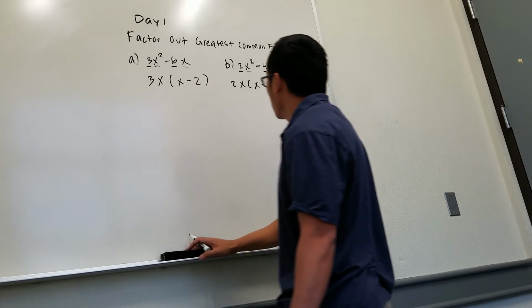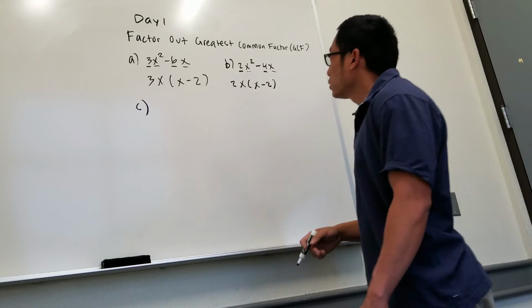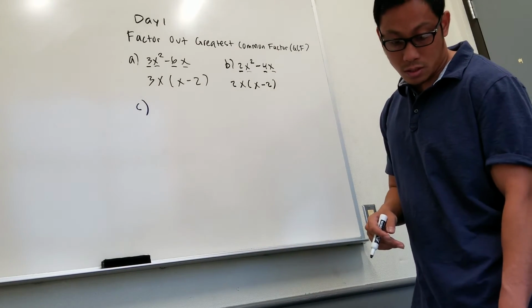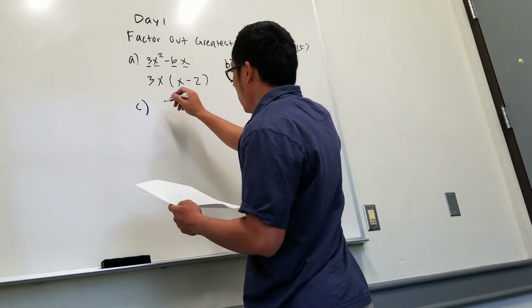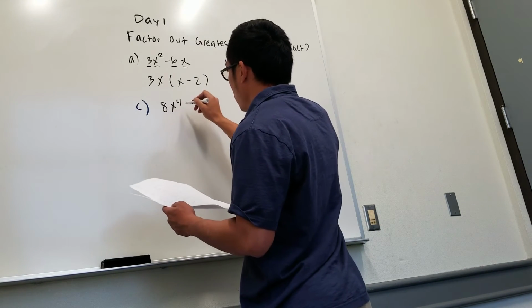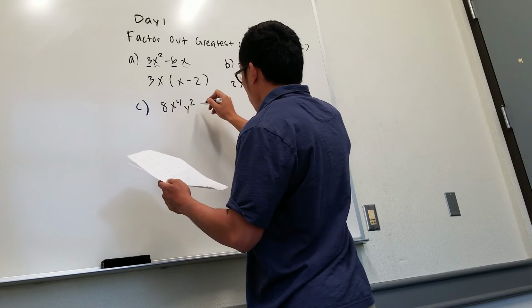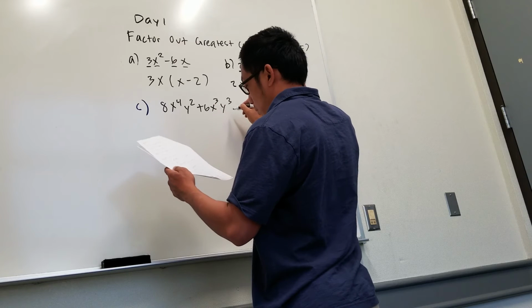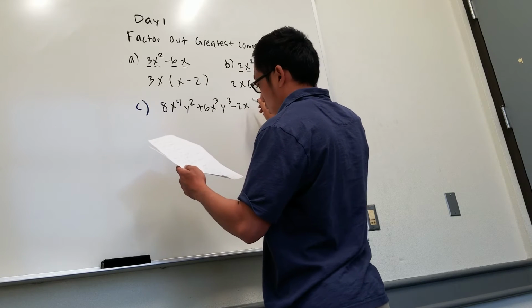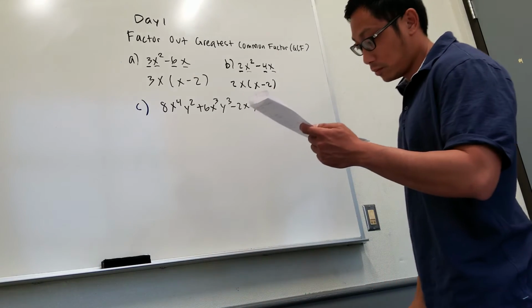So let's do another problem. Let's do C. Slightly more complicated. We have 8x to the 4 y squared plus 6x cubed y cubed minus 2x y.